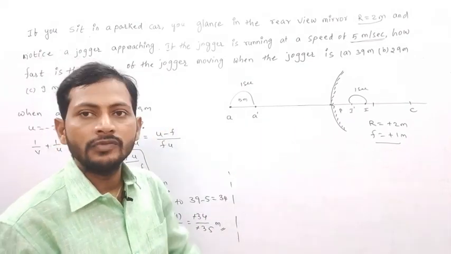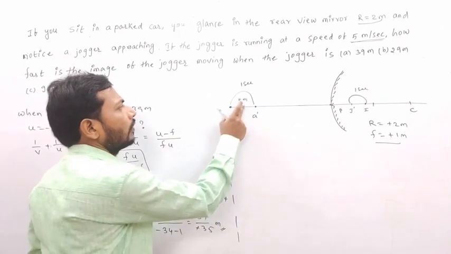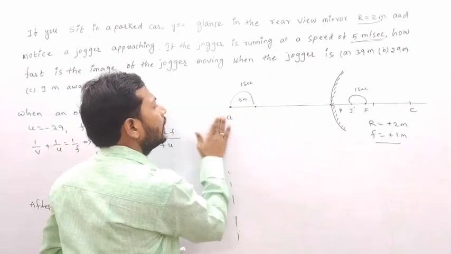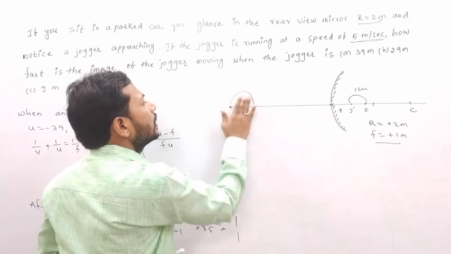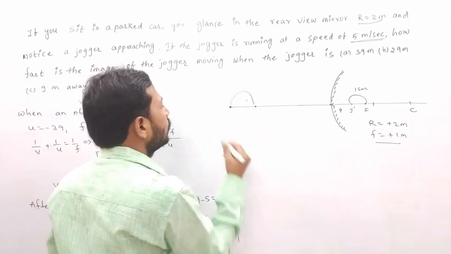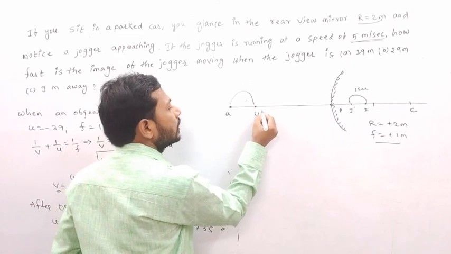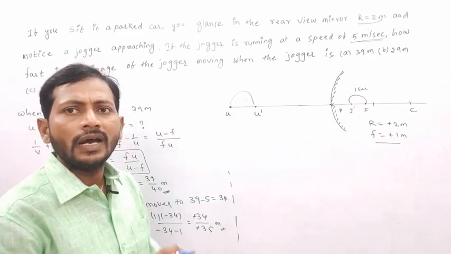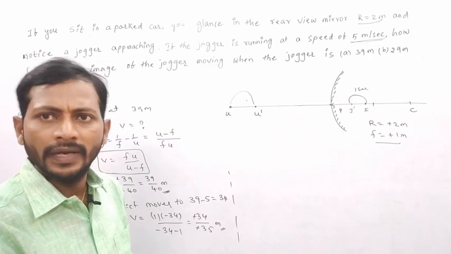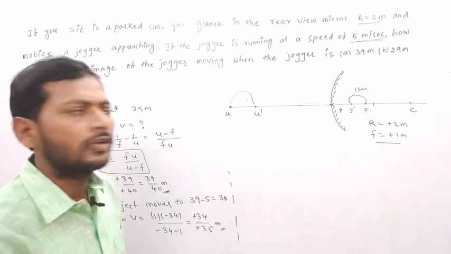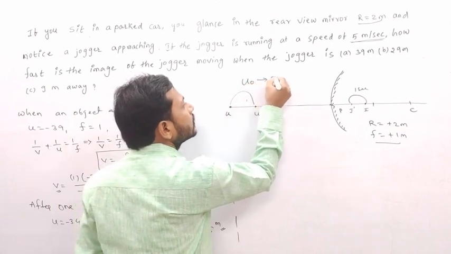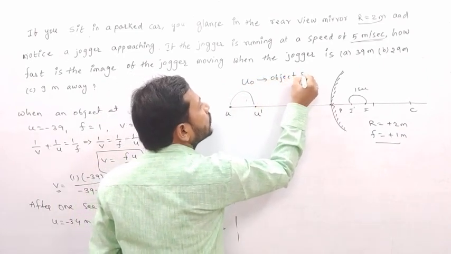In this case, observe once, I am not going to take 5 or 1 or anything, simply I am going to say the object position is first u, second position is u dash. Then the object is traveling with some speed. The object speed I am going to write here as u naught.